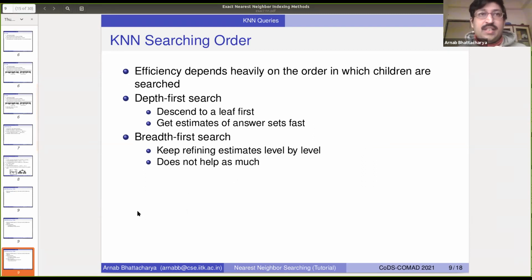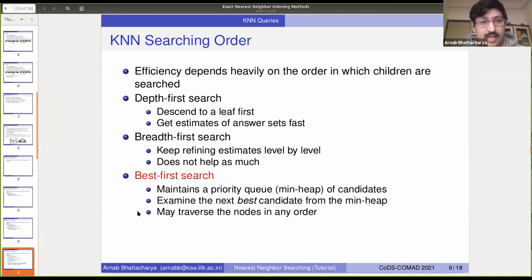However, in databases, what is being done in this searching is neither depth first search nor breadth first search, but it is called best first search. Best first search maintains a priority queue, a heap of things. So it will explore anything that can give you the best estimate at that point in time. It need not be strictly depth first or breadth first, right?